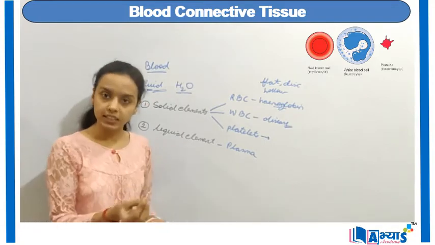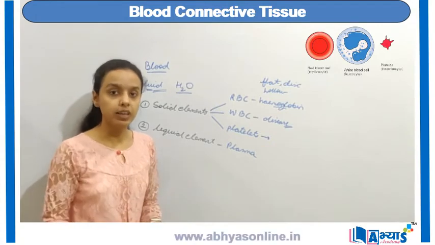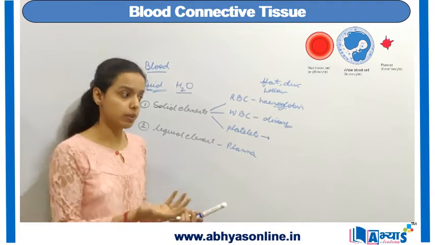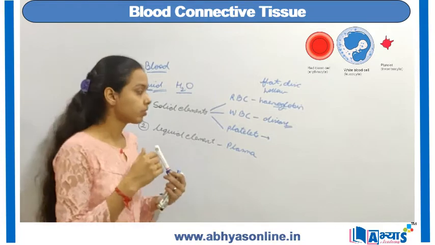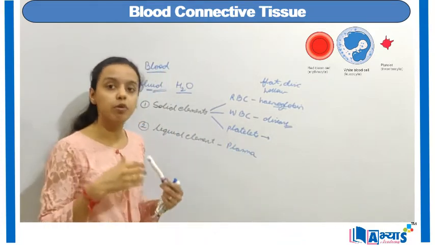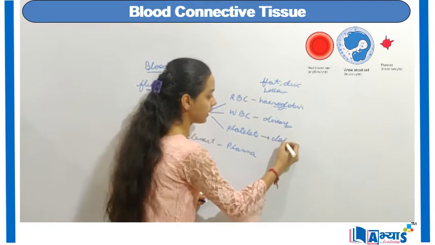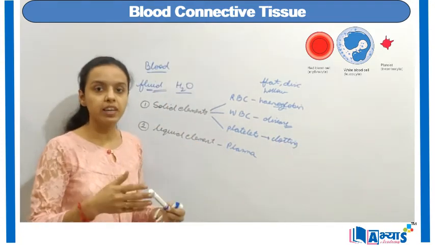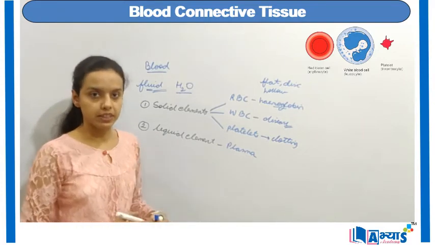If there is excessive bleeding, that results in some kind of deadly disease, which should be prevented. That prevention is done with the help of clotting, and clotting is mainly done with the help of platelets. So platelets help in the clotting of blood, so that excess blood does not come out of your body or out of the blood vessels.